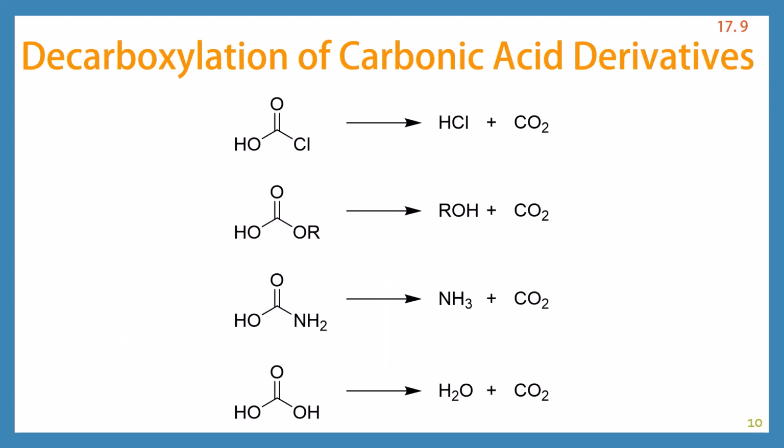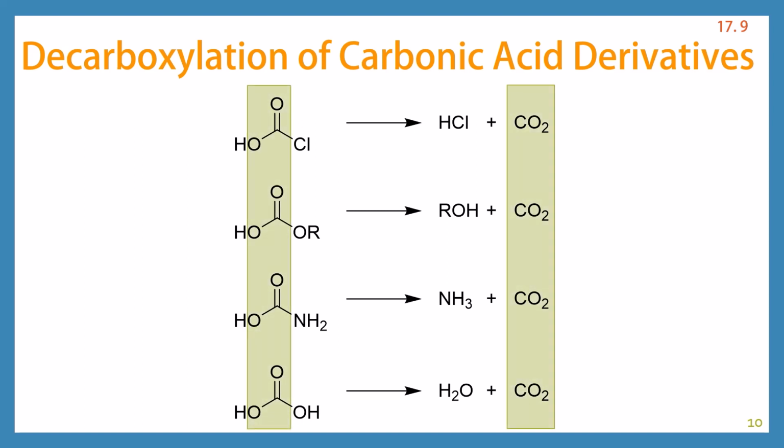Derivatives of carbonic acid tend to easily decarboxylate, which is the loss of one equivalent of carbon dioxide. So notice that in all of these molecules, you can actually see the carbon dioxide molecule within it, and then what's left over outside of that ends up being your leaving group.